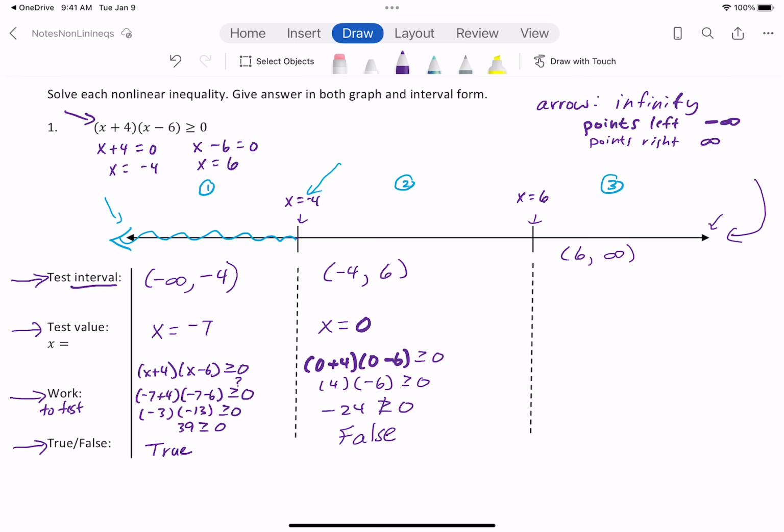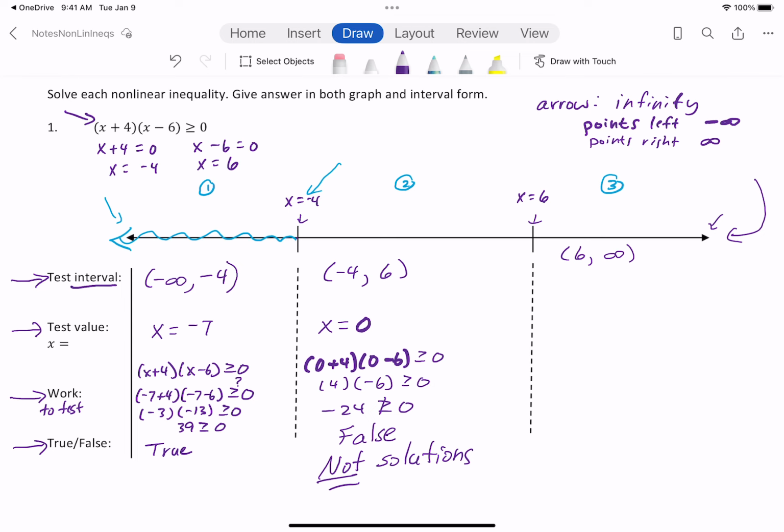So this is a false statement. So the numbers in this middle section are not solutions to my inequality. So we're not going to shade anything between -4 and 6.